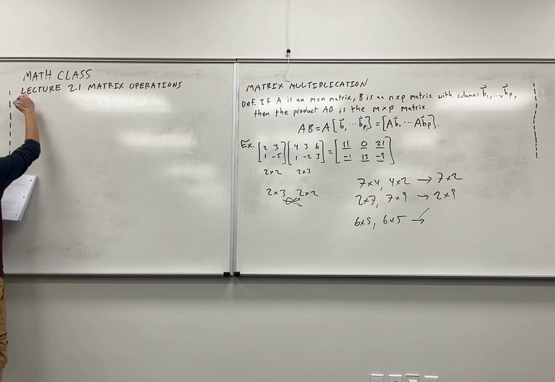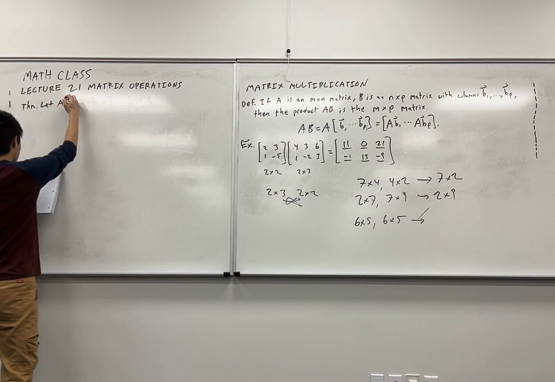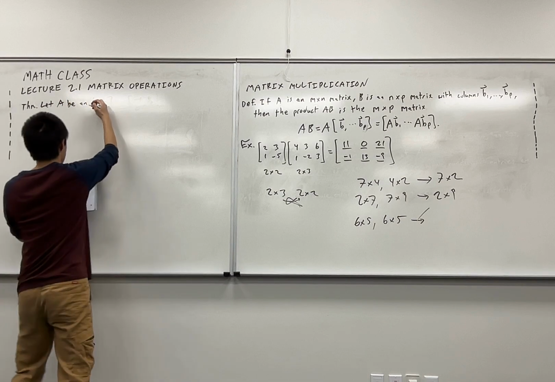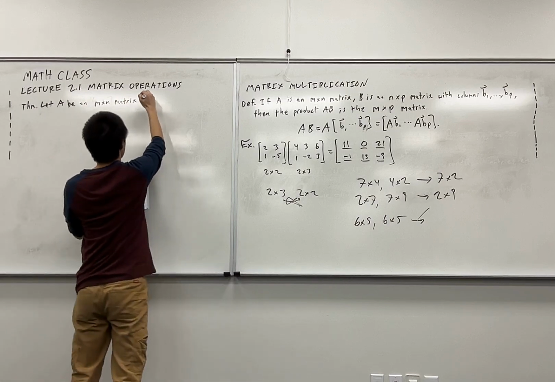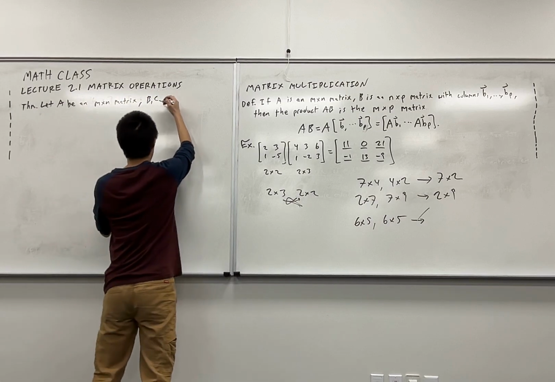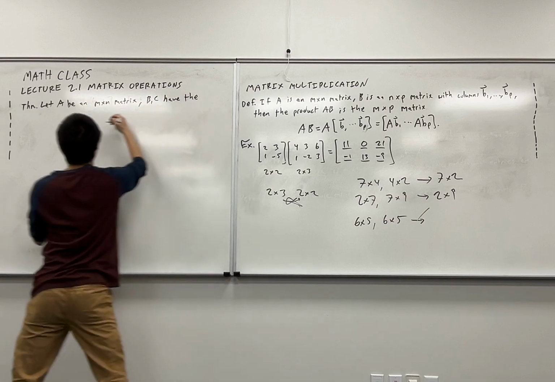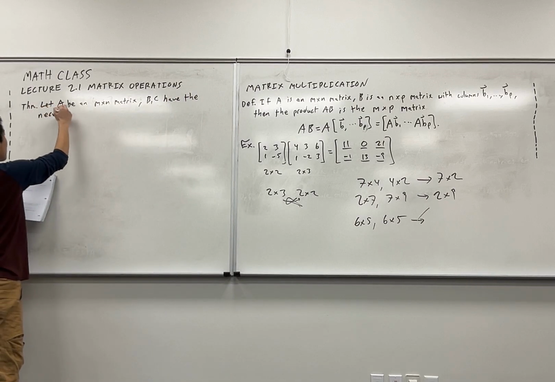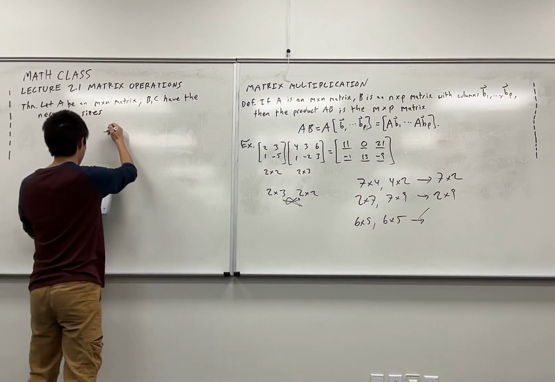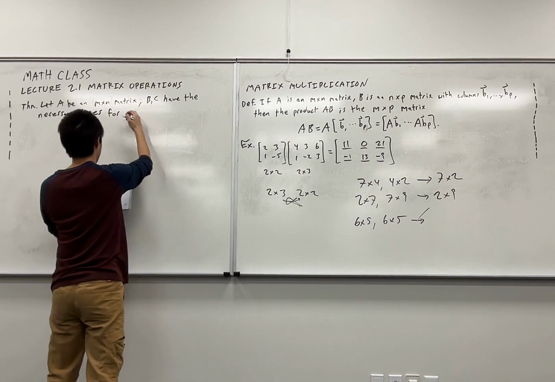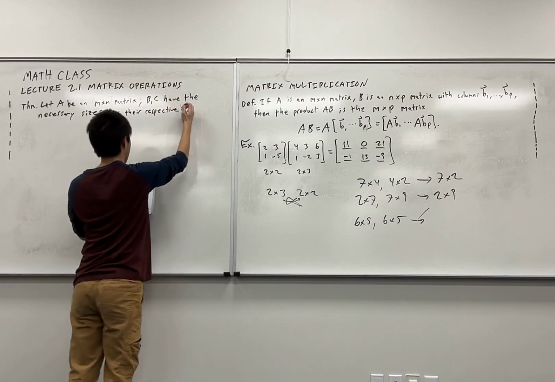Here are some properties that are actually really important. Let A be an m by n matrix, and B and C are going to have the necessary sizes, because otherwise this just won't even be defined, for their respective products.